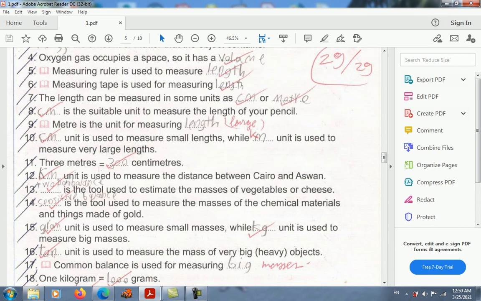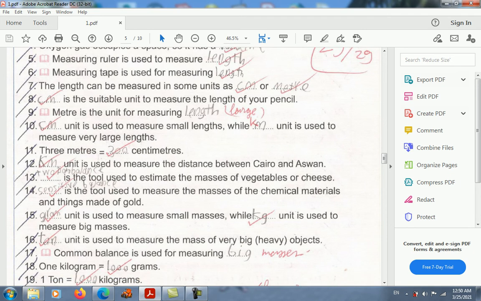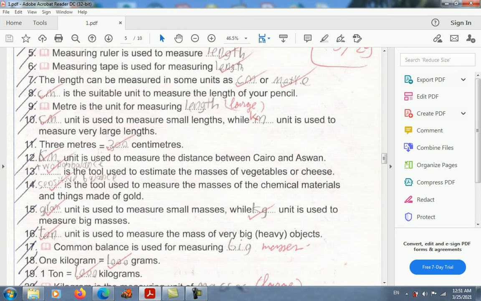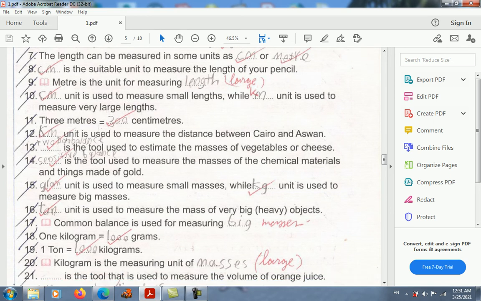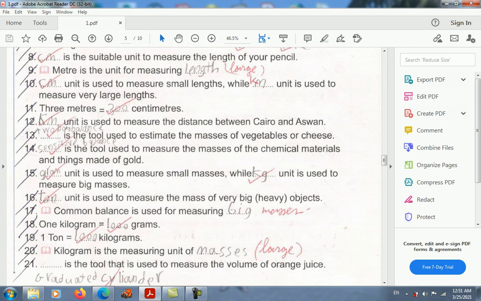Oxygen gas occupies a space, so it has a volume. 5. Measuring ruler is used to measure length. 6. Measuring tape is used for measuring length. 7. The length can be measured in some units as centimeter or meter. 8. Centimeter is the suitable unit to measure the length of your pencil.